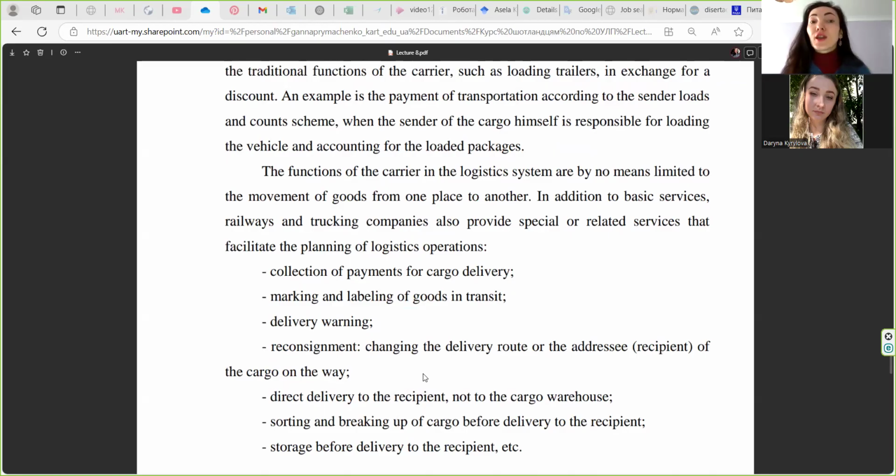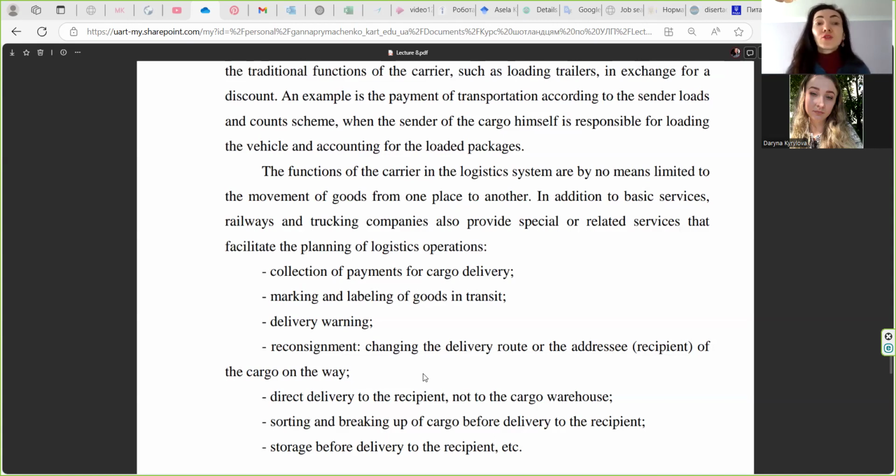The functions of the carriers in logistic systems are by no means limited to the movement of goods from one place to another. In addition to basic service, railways and trucking companies also provide special or related services that facilitate the planning of logistics operations.